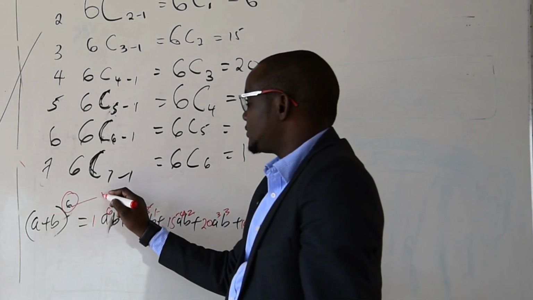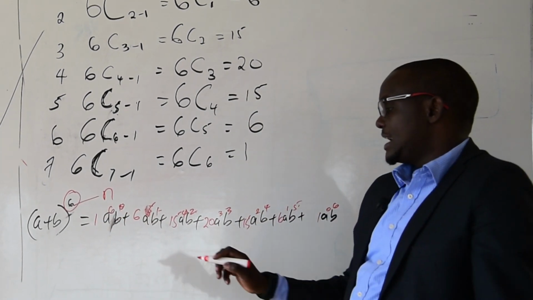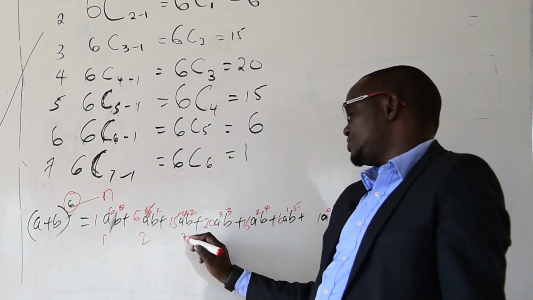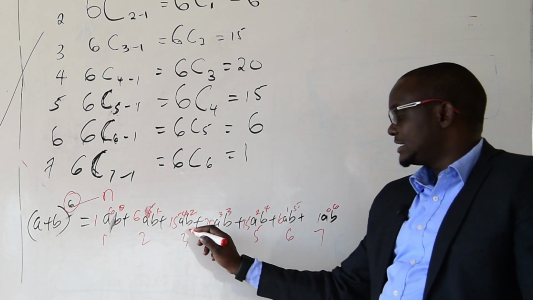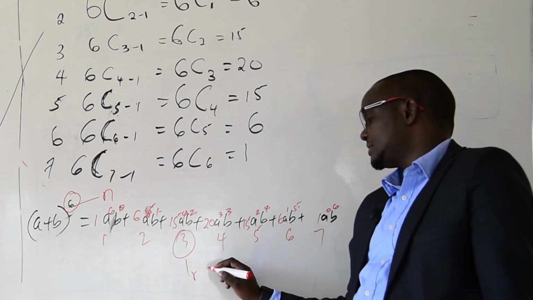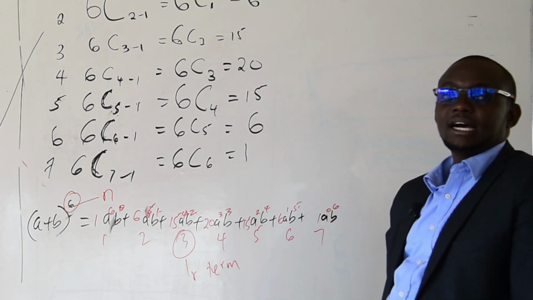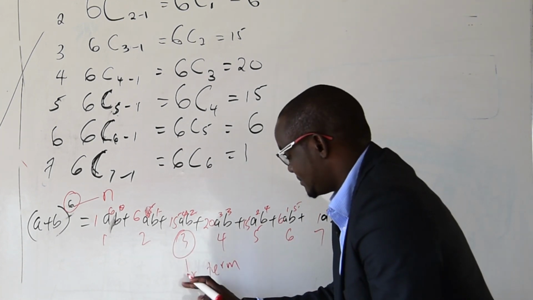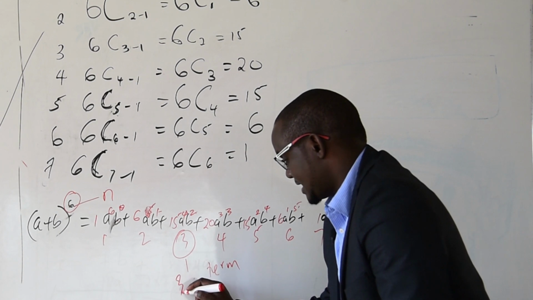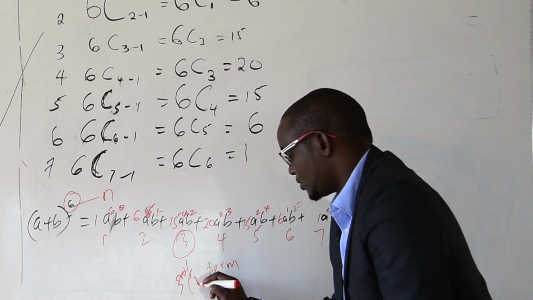This 6 is actually what we call n. Then I can count 1, 2, 3, 4, 5, 6, 7. I can say this is my r-th term. This is actually my third term, which is what we call r.